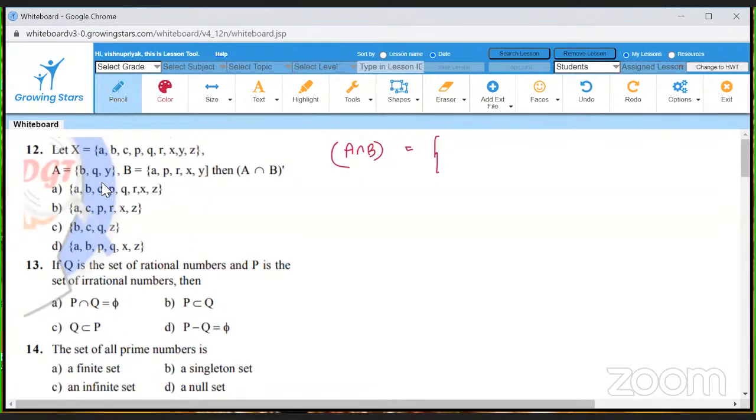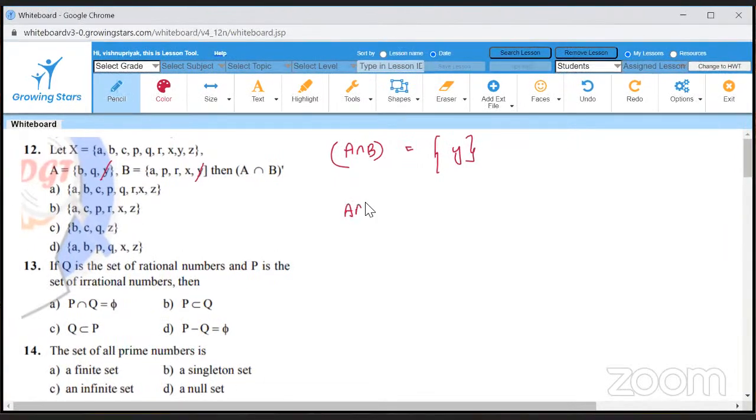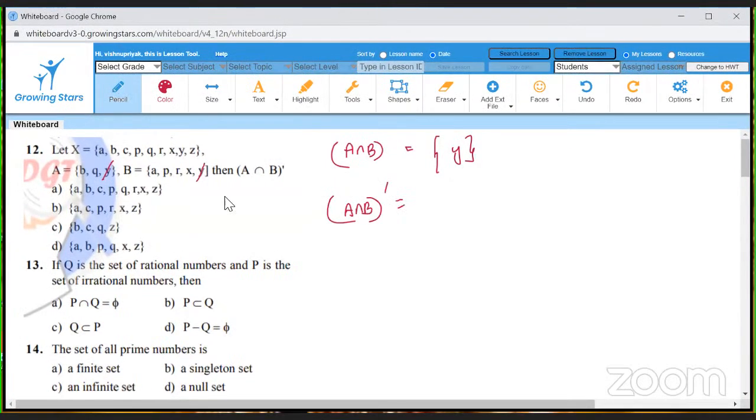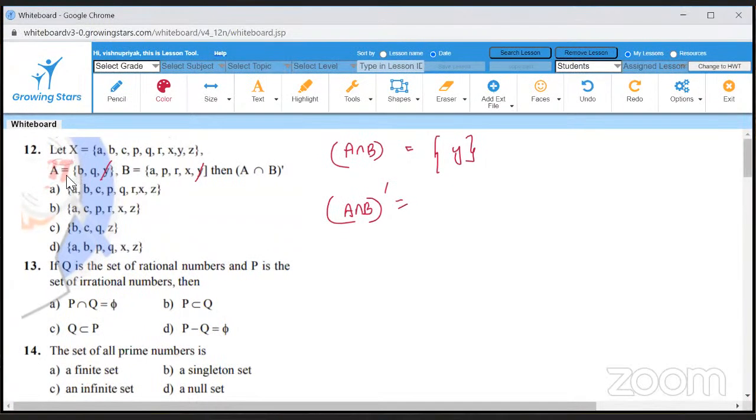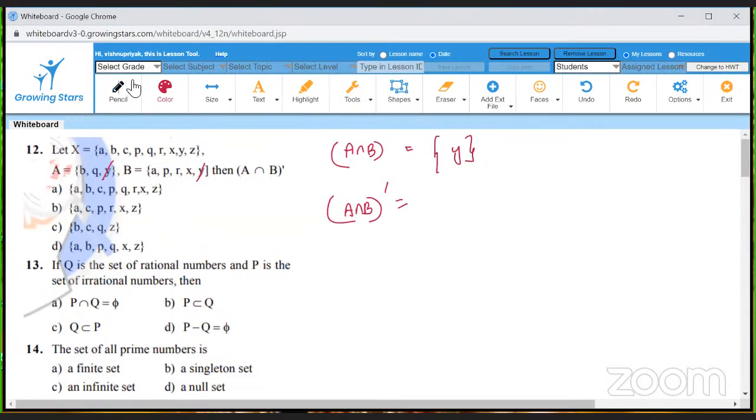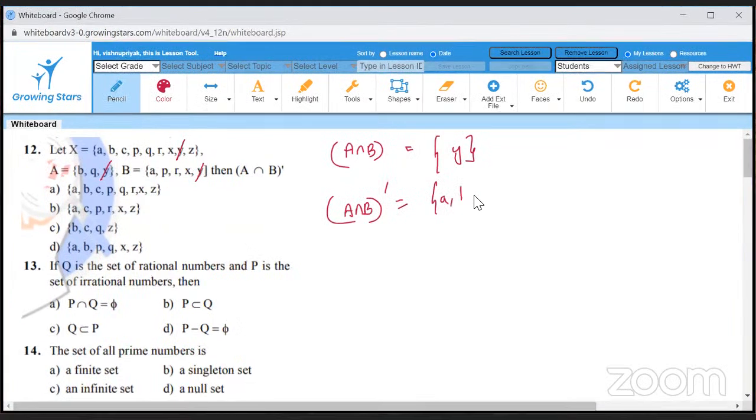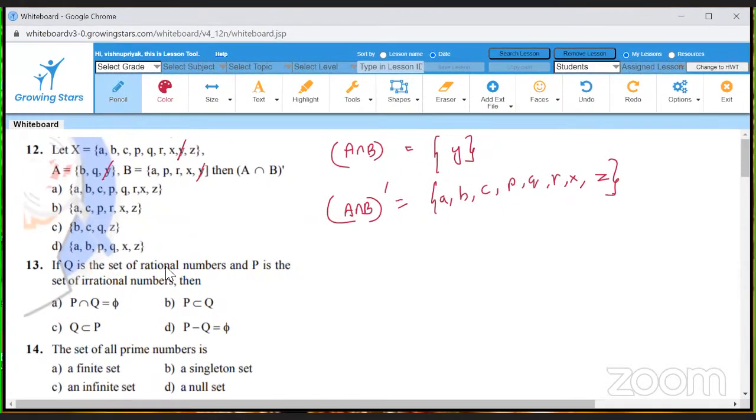What is common in both? Only Y is common in both, nothing else. And A intersection B dash means from X, you remove this Y. The Y which you got, you remove. So what is left? A, B, C, P, Q, R, X, Z. And that is the option.